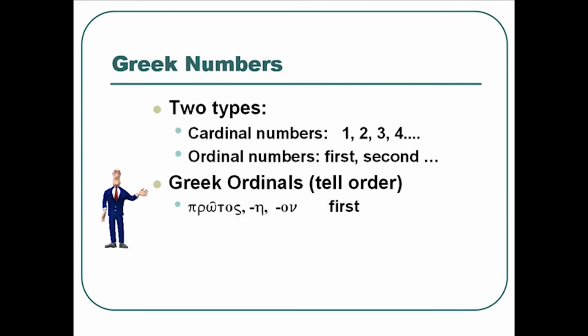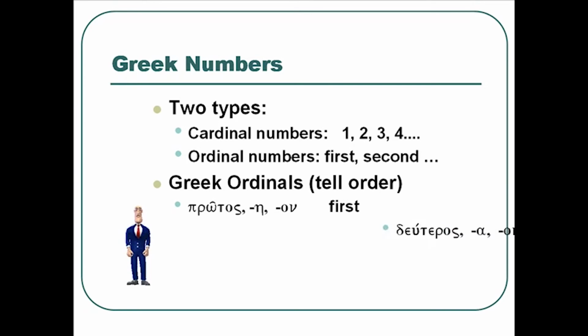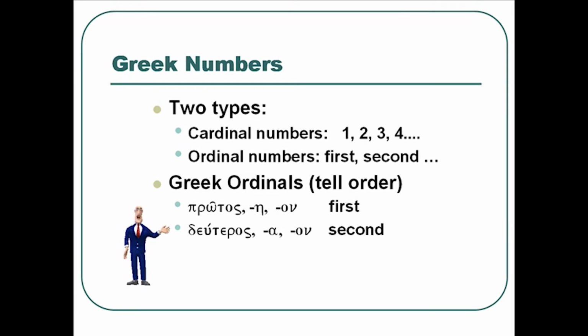So examples of the Greek ordinals are protos, e, on, which means first. Deuteros, a, on, means second. You can see it in Deuteronomy: deutero, second, nomos, law. Deuteronomy, second law.